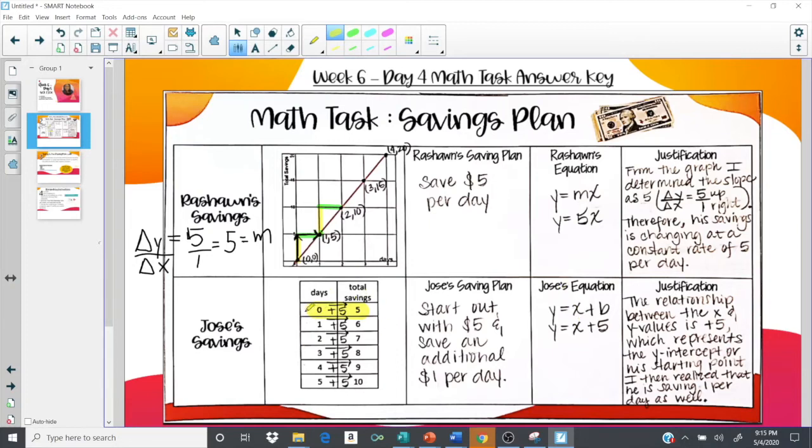And you can confirm this by finding the slope if you wanted to. So the change between 0 and 1 is 1. 1 and 2 is 1. 2 and 3 plus 1. 3 and 4 plus 1. So each time you're adding 1.